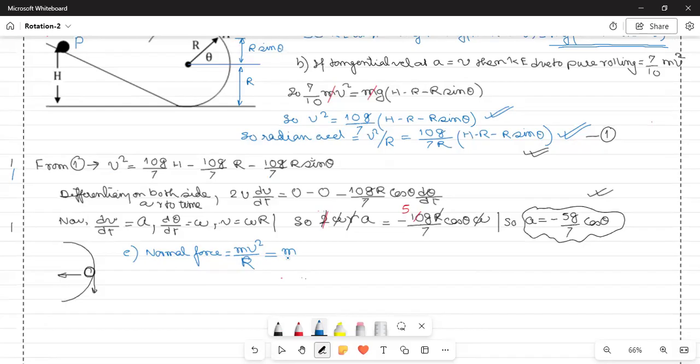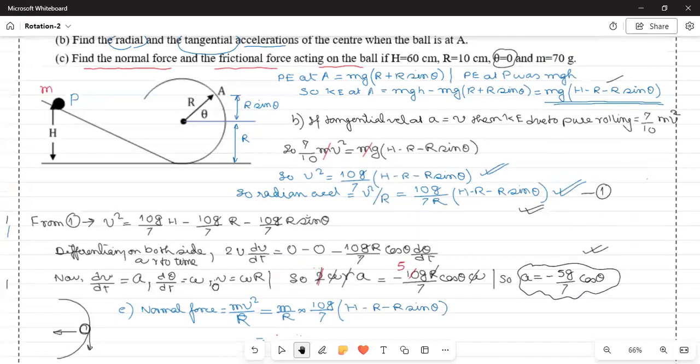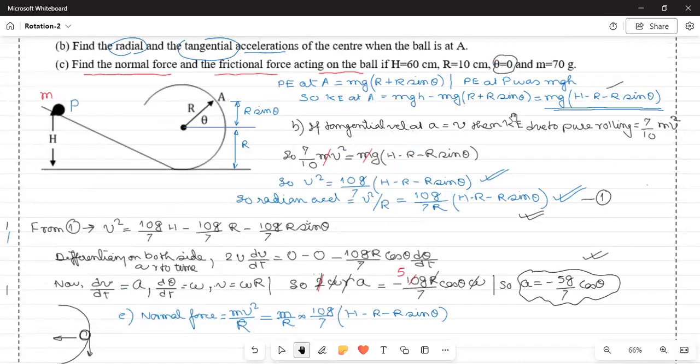So this is m by r multiplied by 10g by 7, multiplied by h minus r sine theta. Now these values are given.